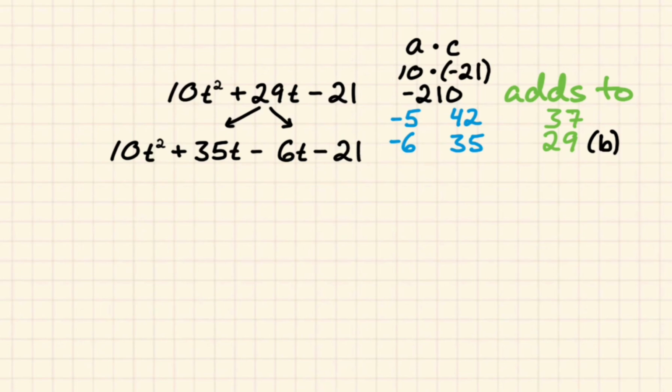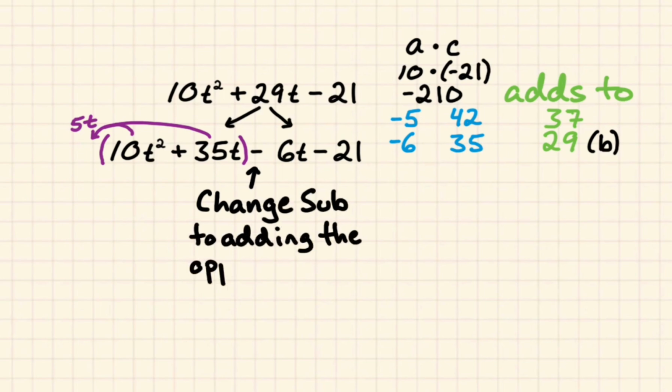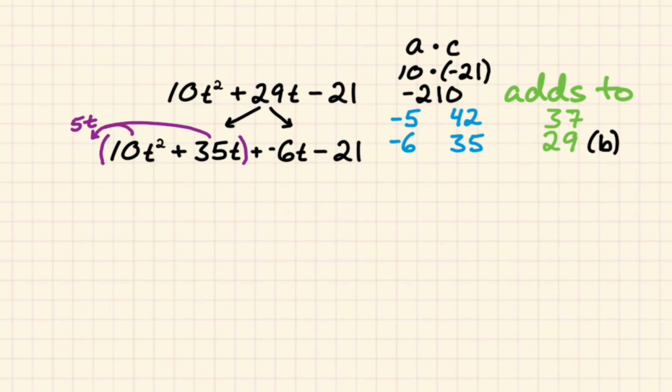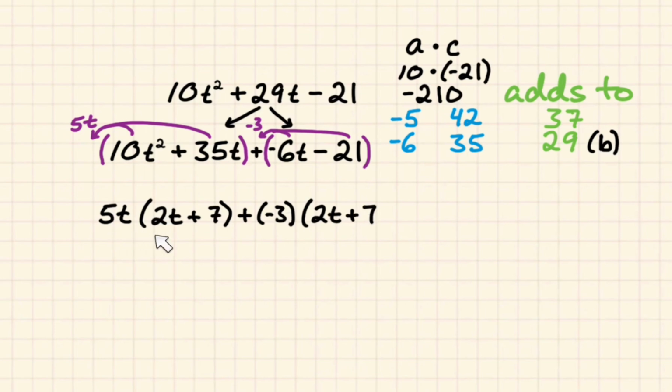I switched it up. It doesn't matter which order you put these in, you'll be able to factor the same way. The first two terms I can factor out a 5t, change the subtraction to adding the opposite. The last two terms I can factor out a negative 3. So I'm left with 5t times 2t plus 7 plus negative 3 times 2t plus 7.